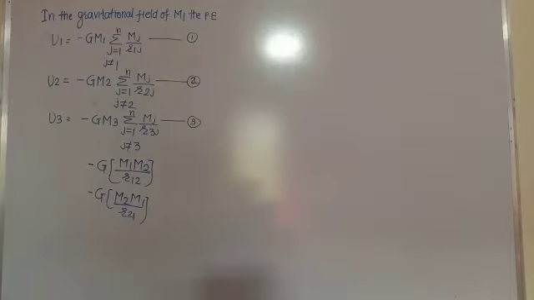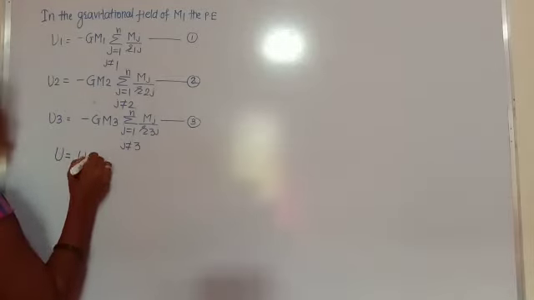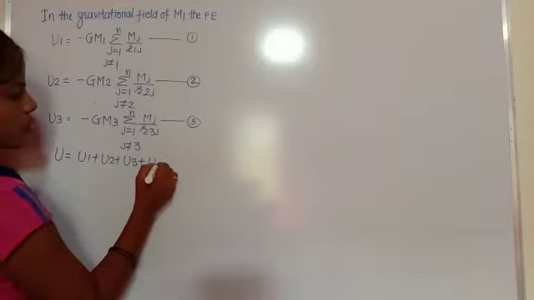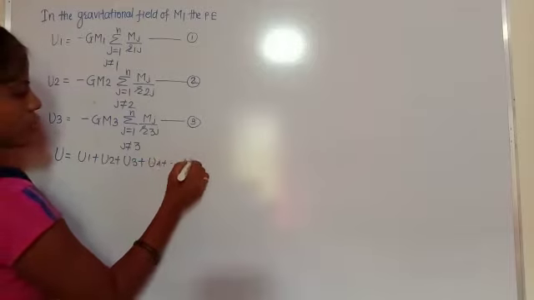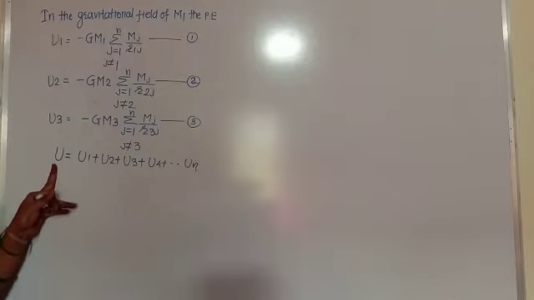Thus the sum of potential energy, capital U, is equal to u1 plus u2 plus u3 plus u4 up to un, and this sum of potential energy is nothing but the gravitational self energy.